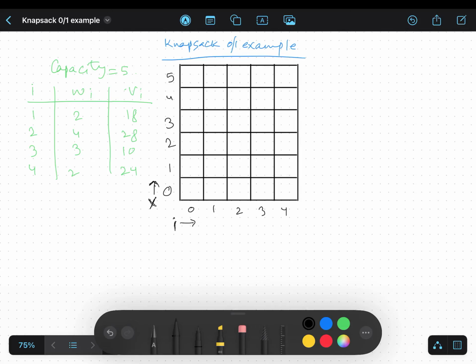And here is the recurrence for the knapsack which we discussed in our previous session.